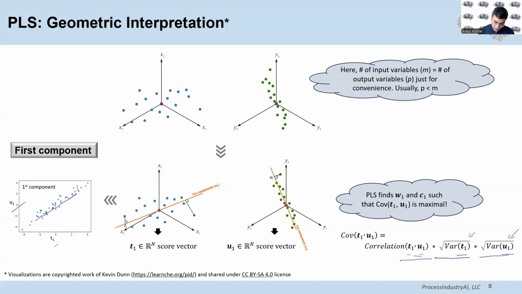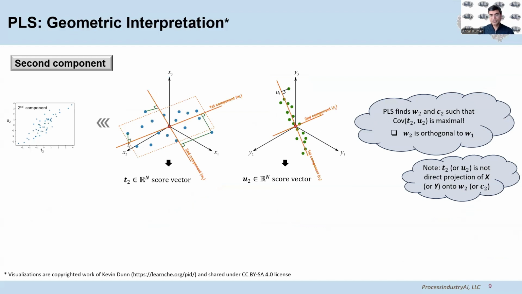Alright, let us focus now on the second component. Here again, we have highlighted the second component, the W2 and C2. W2 and C2 are again found in such a way that the covariance between the corresponding score values in the T2 vector and U2 vector is maximized.